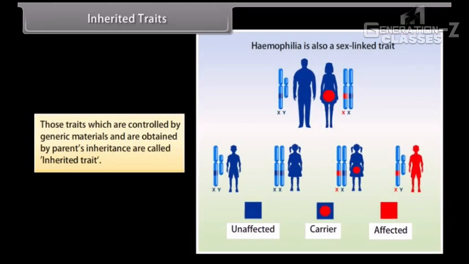Inherited traits. Those traits which are controlled by genetic materials and are obtained by parents' inheritance are called inherited traits. Activity.